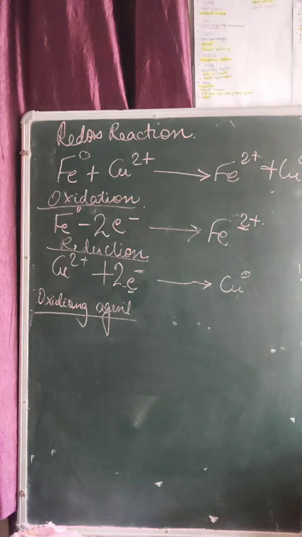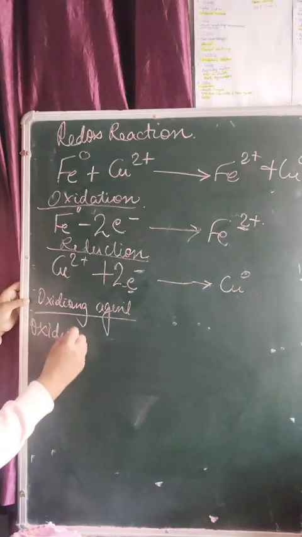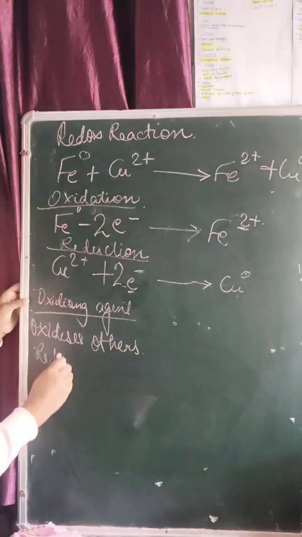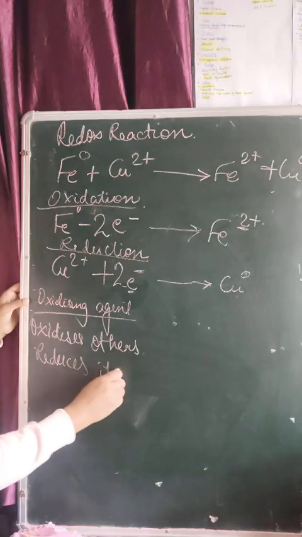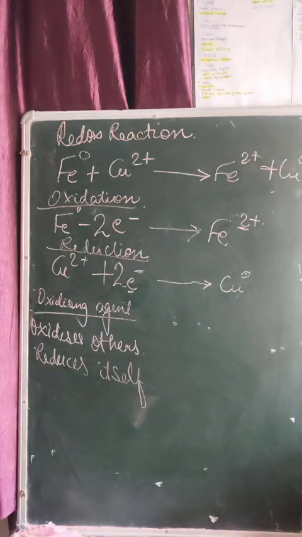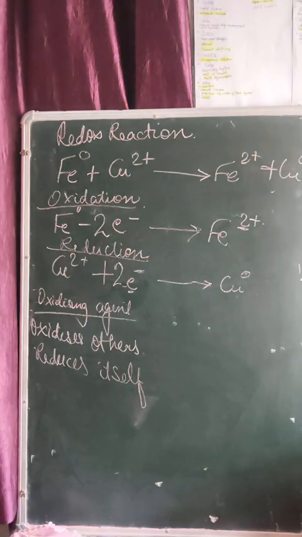Once again, these are those substances which oxidize others and reduce themselves. See, in this reaction, which is getting reduced itself and oxidizing the other?